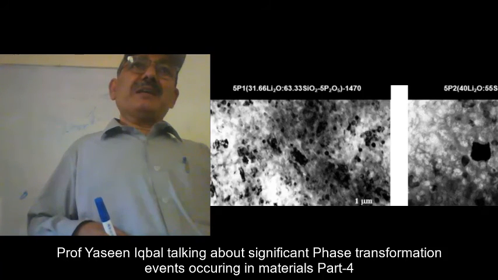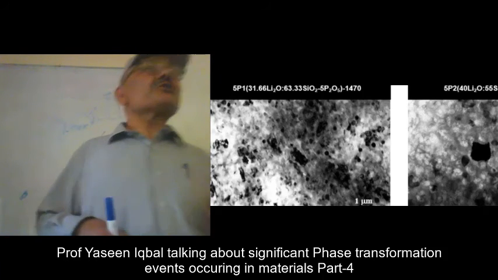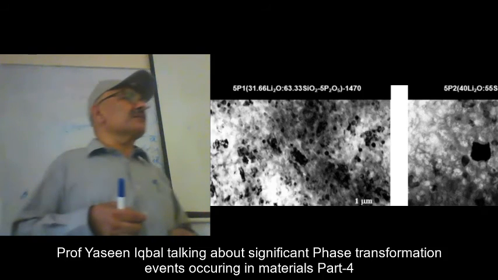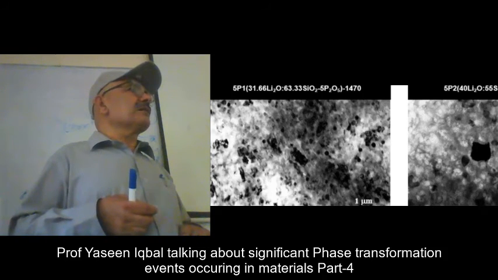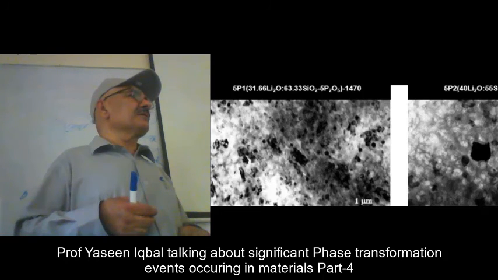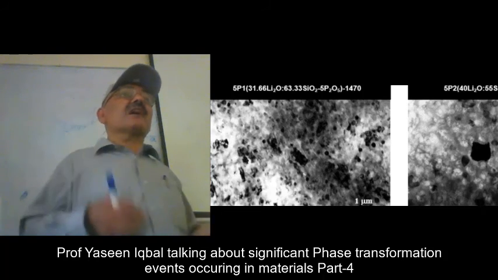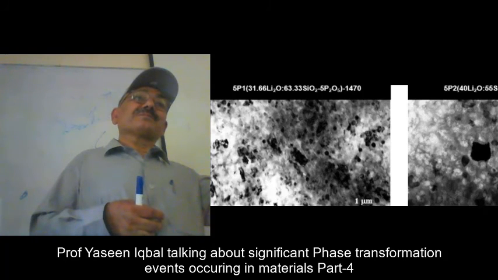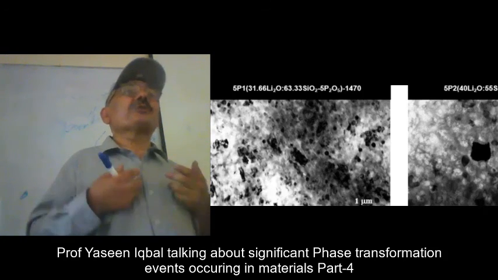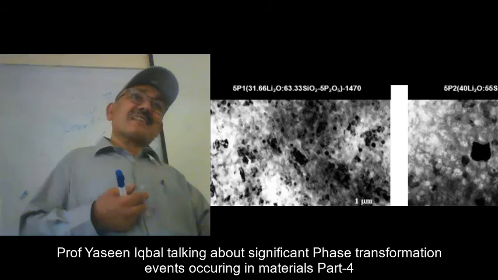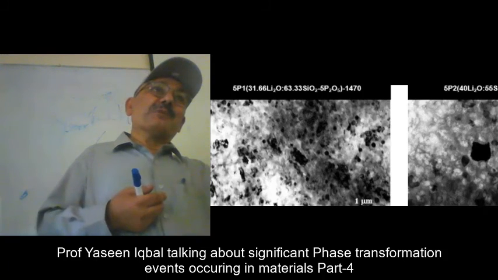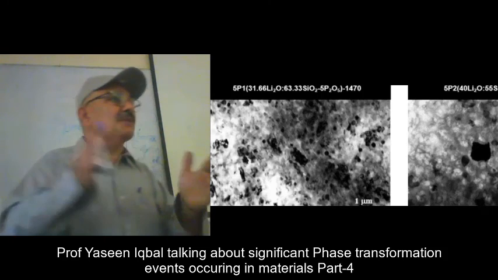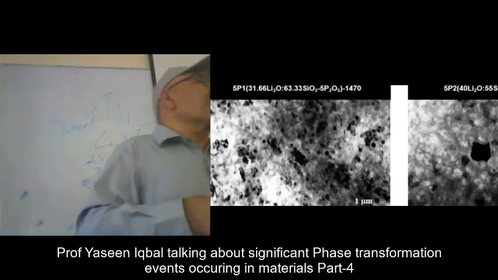So as a scientist, I should think how to increase the size of that crystal. And I told you: decrease the viscosity, increase the fluidity, the mass transfer will become easier. When the mass transfer becomes easier, the crystal will grow faster.